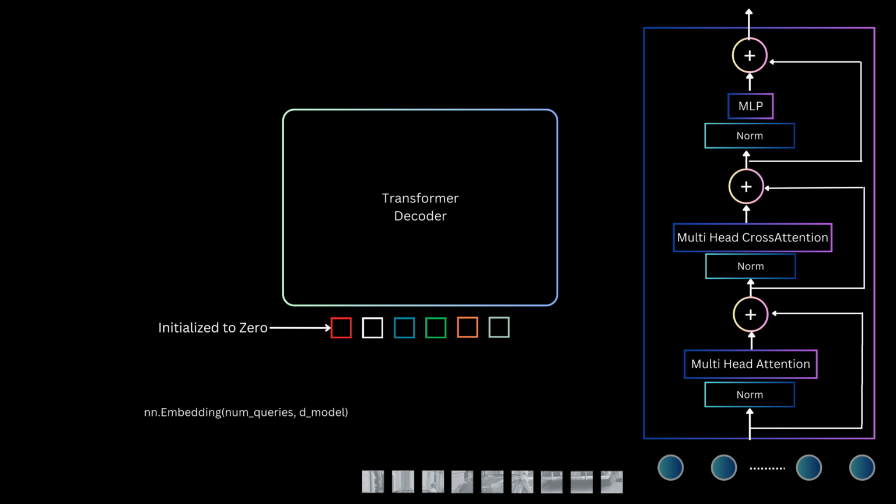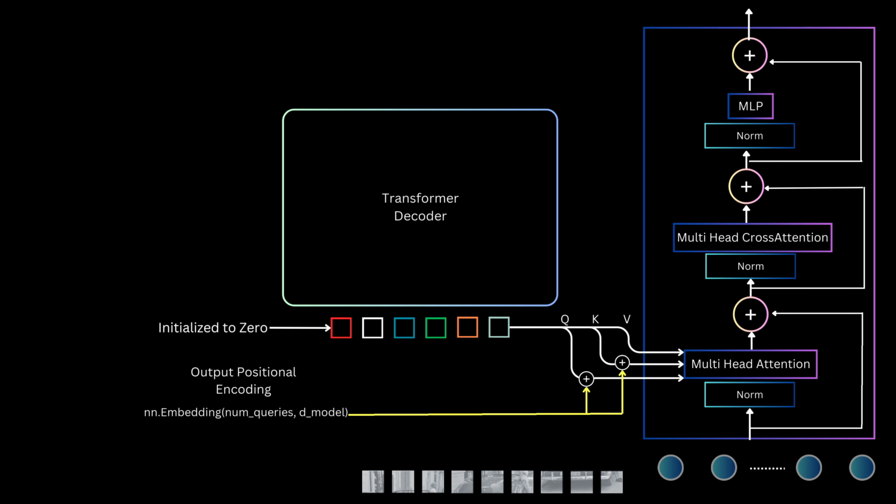Inside decoder, in the self-attention layers, these n embeddings, which the authors call output positional encodings, are added at each self-attention layer, similar to how spatial position encoding is added at the attention layer in encoder. For self-attention, these embeddings are added to the Q and K inputs.